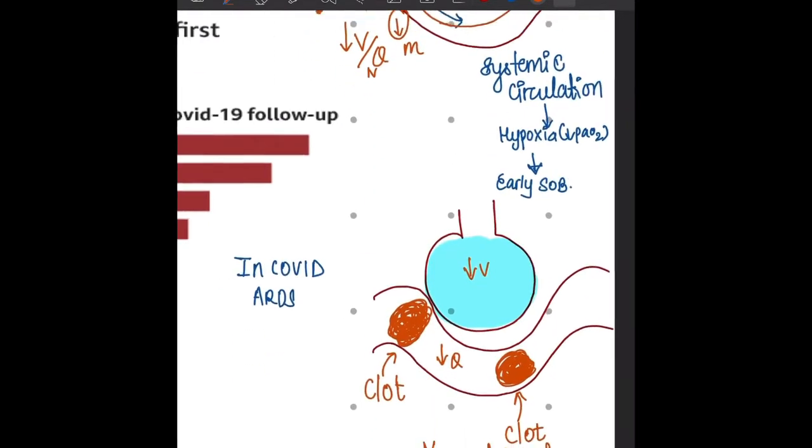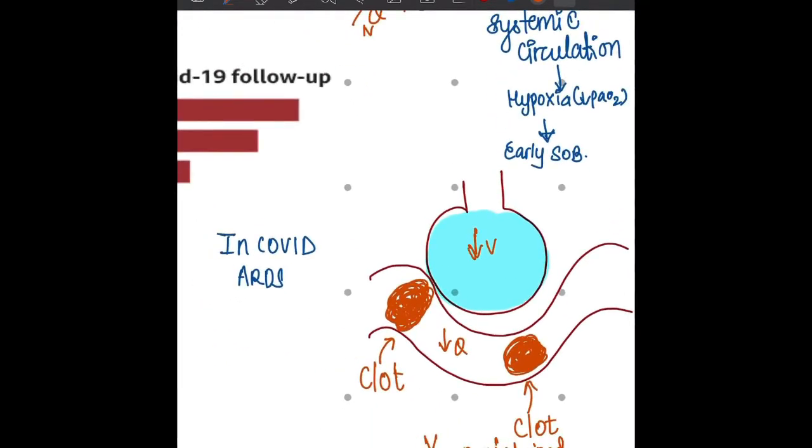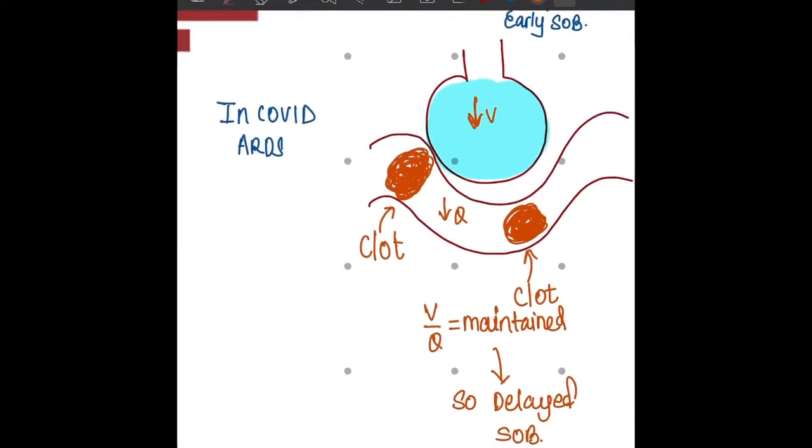But in COVID-19 there is decrease in ventilation. Why? Because there is alveolar edema, right? But at the same time there is also decrease in perfusion. Why? Because we already studied that in COVID-19 there is activation of the clotting cascade, and hence accumulation of multiple clots within the blood vessels, and due to this there is also stasis of blood flow. So there is decrease in both ventilation and perfusion.